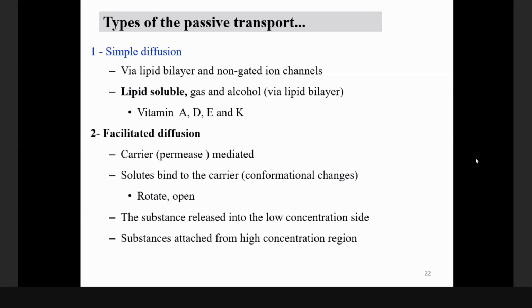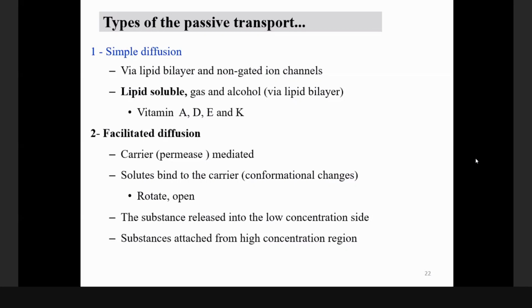Non-gated proteins are proteins that lack a gate extended from the channel. Channels are proteins. So when a substance enters or leaves the cell through a lipid bilayer or through a non-gated ion channel, that type of passive transportation is called simple diffusion.